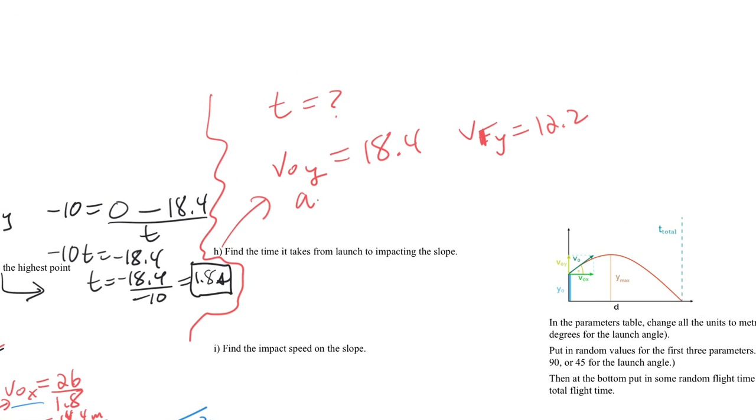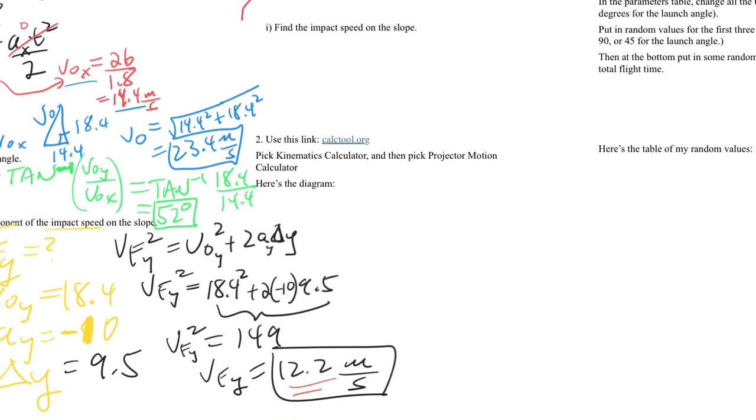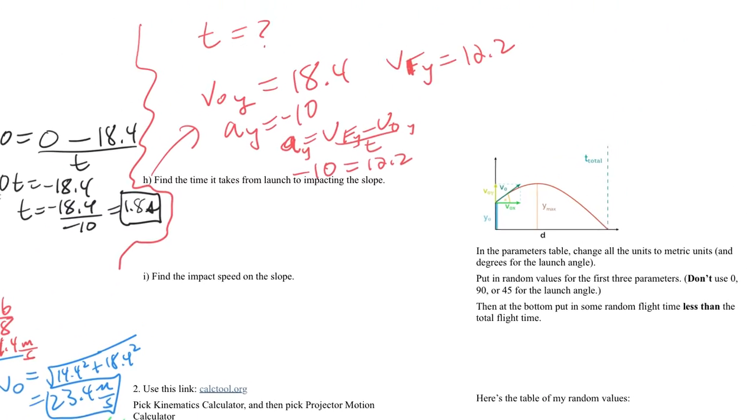We know AY equals negative 10, so I can just use a simple equation. A equals VF minus VO over T. So negative 10 equals 12.2, which is positive. Well, that's really negative. Whoa. VF is negative 12.2 because the speed is going downward.